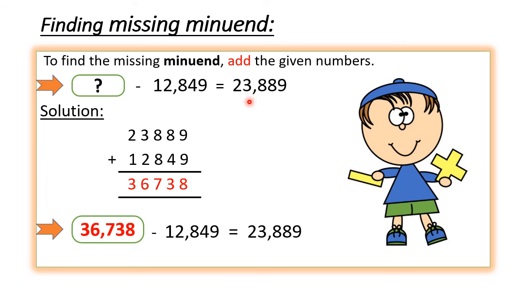So whenever we find the missing minuend, we do not subtract the given numbers, we always add the given numbers to find the minuend, because if we subtract the given numbers, the resulting number will be the smallest number and the minuend is the biggest number. That's why we always add up the given numbers to find the missing minuend.